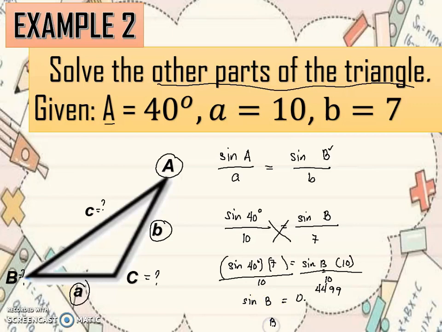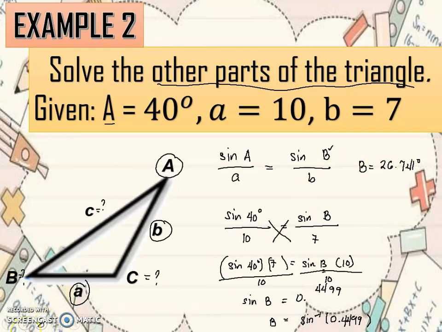So B equals inverse sine of 0.4499. I want you to solve that, and since we are looking for degrees, you can also have the degrees, class. So angle B is 26.741 degrees. And you must box your final answer for that.